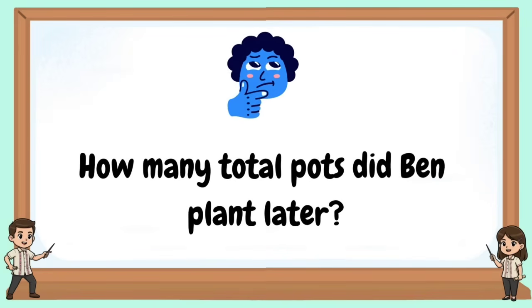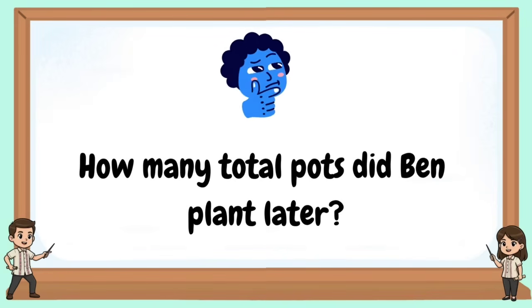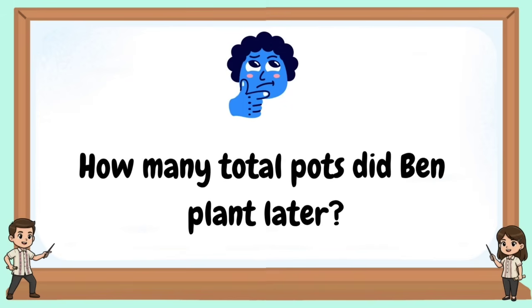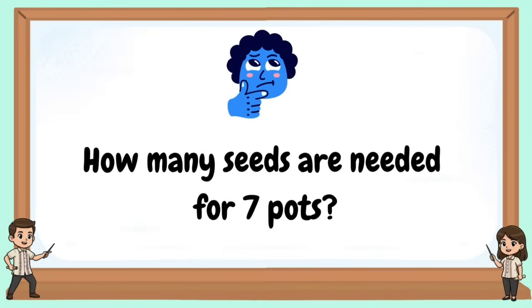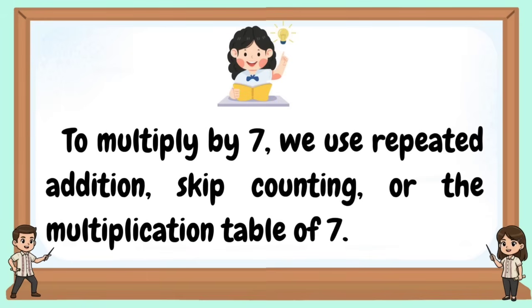How many total pots did Ben plant later? How many seeds are needed for 7 pots? To multiply by 7, we use repeated addition, skip counting, or the multiplication table of 7.